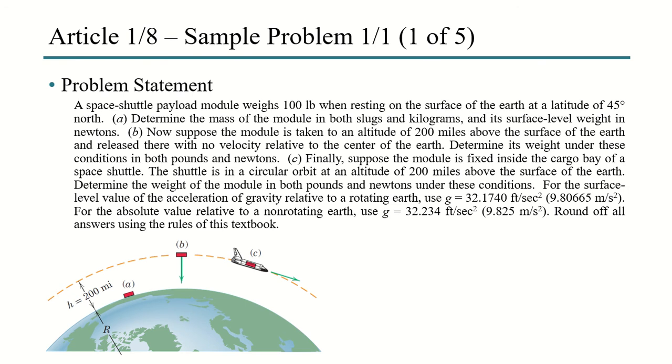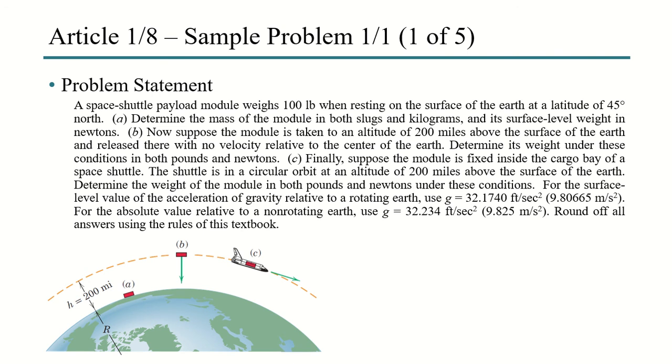Okay, so let us apply this concept in solving this problem here. So we have here the problem statement. A space shuttle payload module weighs 100 pounds when resting on the surface of the Earth at a latitude of 45 degrees north.